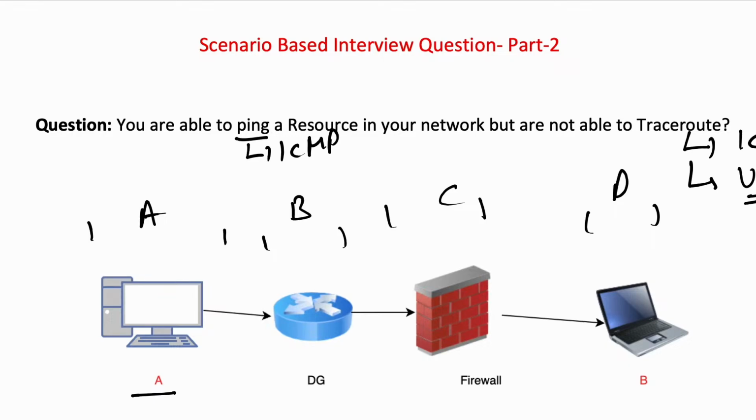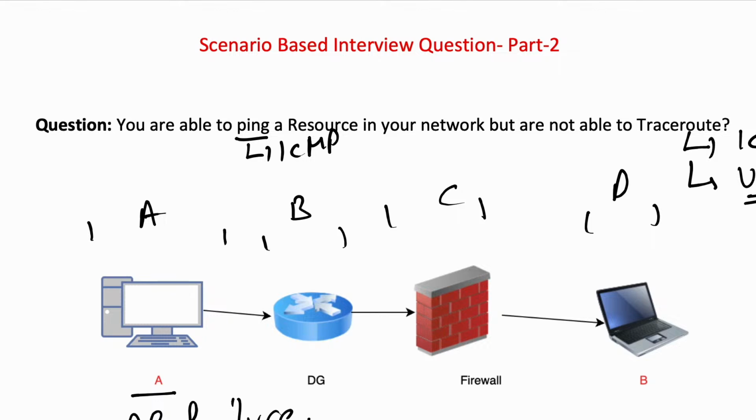All the possible reasons that A could have: it is not sending out UDP packets, a UDP failure. This could be the first reason. Now B, what could cause the traceroute failure?